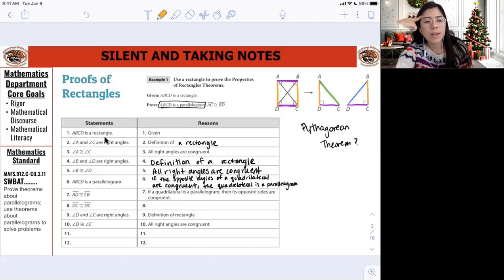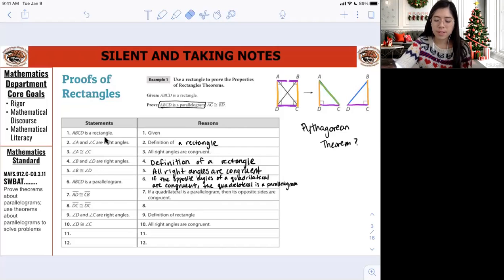Read it carefully. So step number 7 is saying that AD is congruent to CB. Are those the two same sides or two different sides? Two different sides, completely different sides. Then step number 8 is saying that DC is congruent to DC. Is that the same side or two different sides?